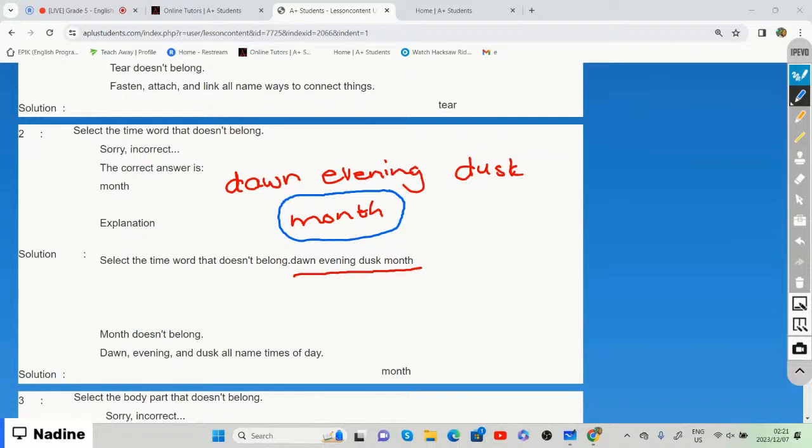So month does not belong, because dawn, evening, and dusk all name a specific time of the day.